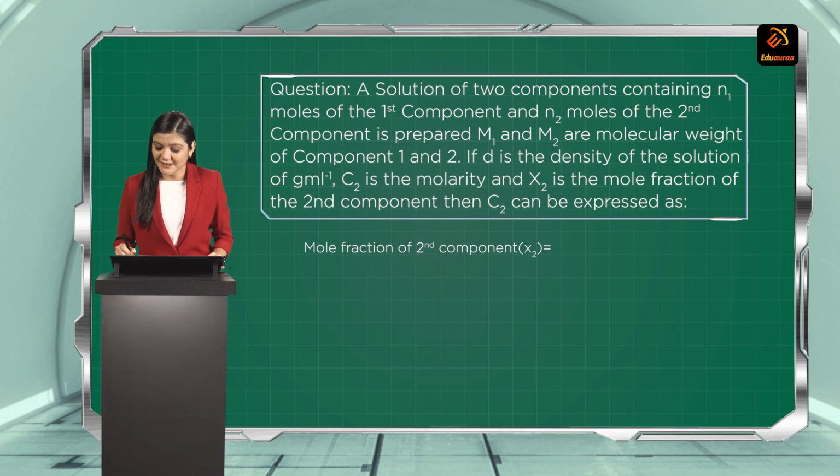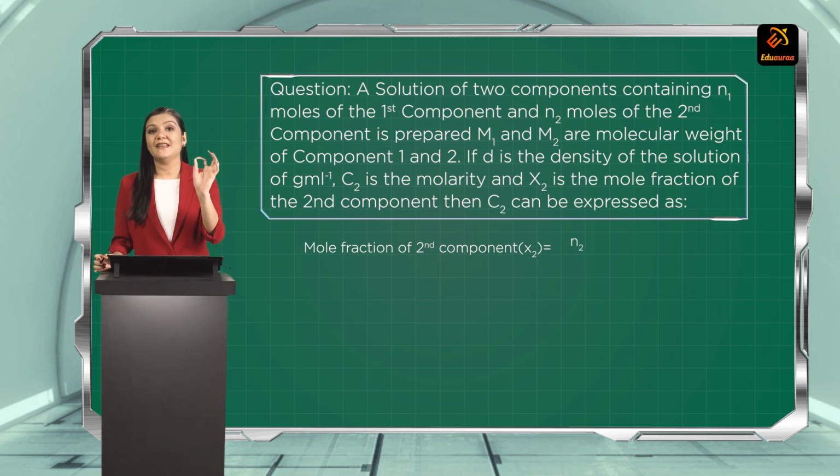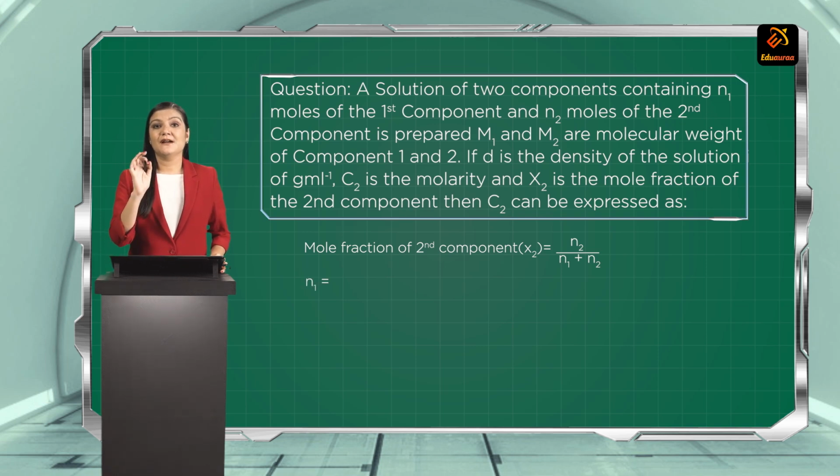So it will be N2 upon N1 plus N2. Now if I consider N1, then N1 will be equal to N2 multiplied by 1 minus x2 divided by x2. This equation we have found by using the equation 1.